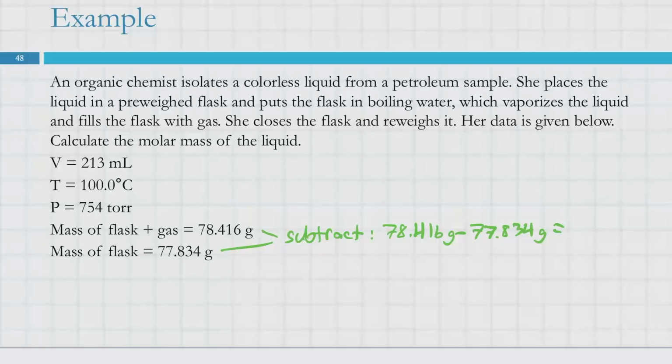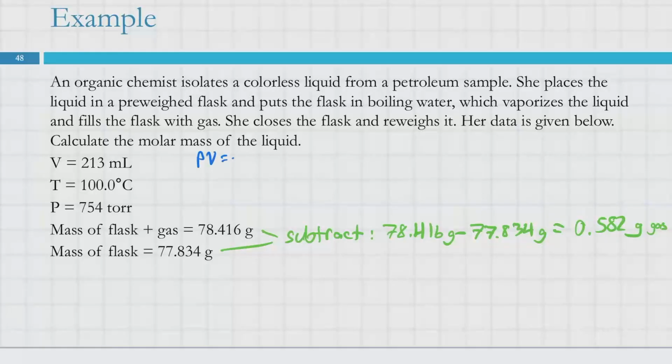So 78.416 minus just the flask, we've got 0.582 grams of gas.